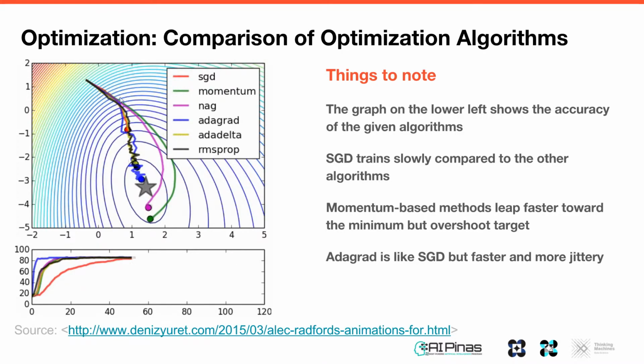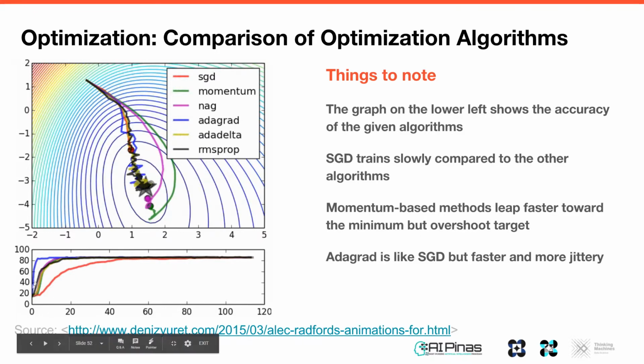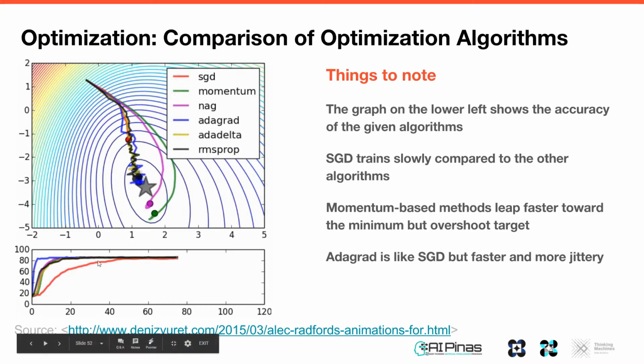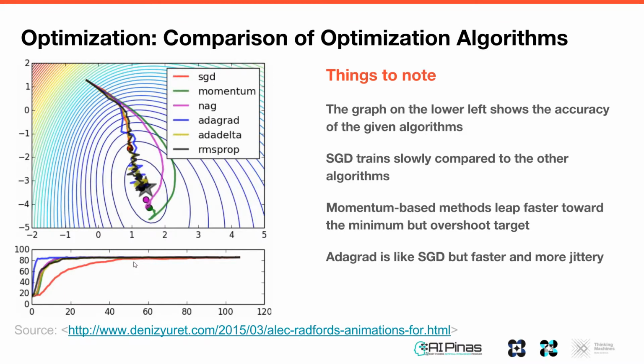Now you can see here that if you all initialize them at the same point, SGD, gradient descent, is slower, but more stable in its directionality. You can also see here that it is the algorithm with the slowest training curve, and that it only catches up to the other algorithms after about 50 epochs.